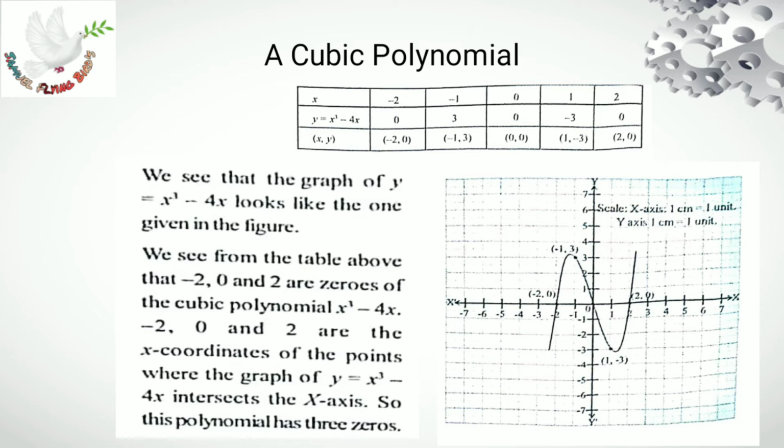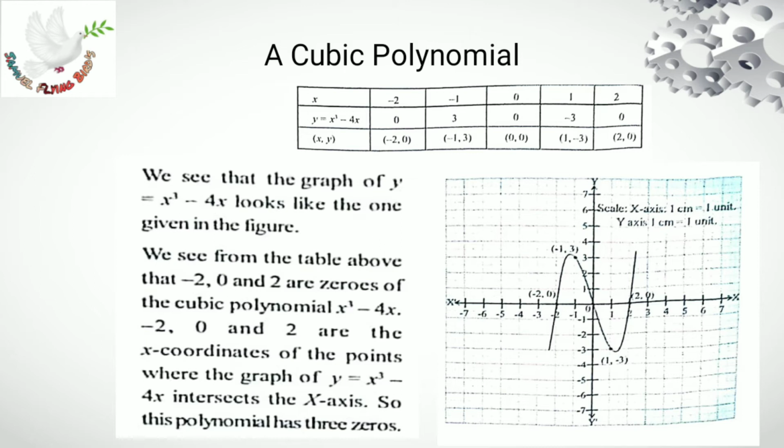We see in the table above that -2, 0 and 2 are zeros of the cubic polynomial x cube minus 4x. -2, 0 and 2 are the x coordinates of the points where the graph y equal to x cube minus 4x intersects the x-axis, so the polynomial has 3 zeros. In the previous one, the quadratic, we saw there are 2 zeros.